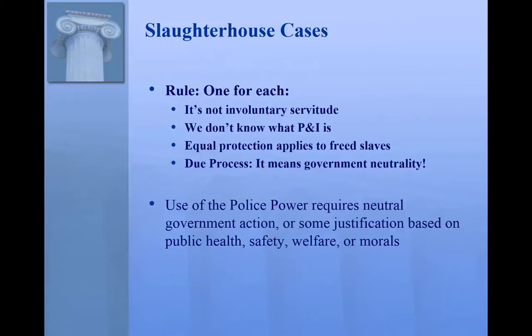So here's what the Supreme Court says. It says the use of the state's police power requires neutrality. Government has to act neutrally. And if government acts non-neutrally, there must be something to justify it that's based on public health, safety, welfare, and morals.